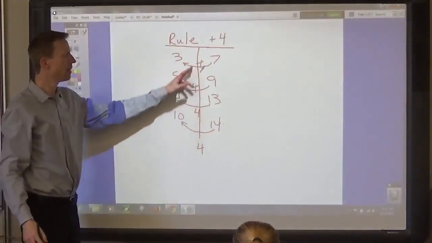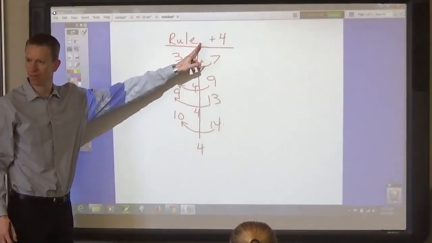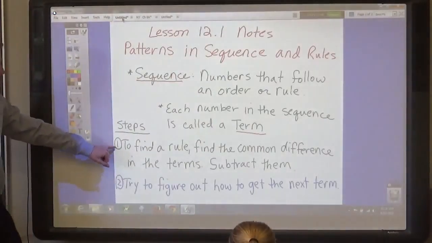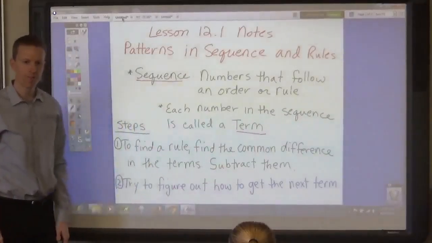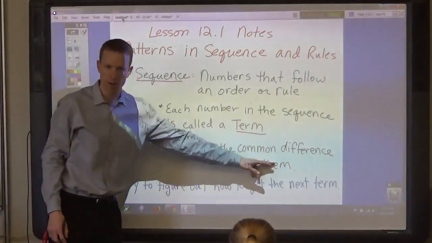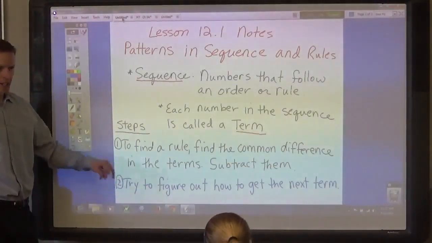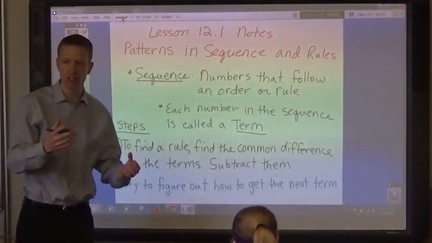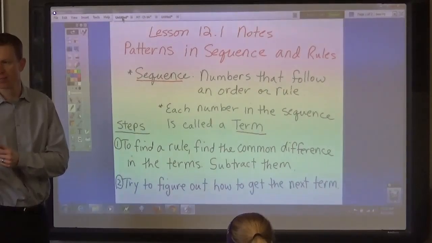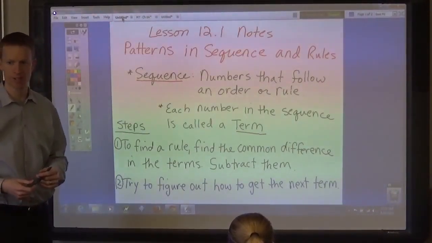See, by finding this common difference, you can find the rule. So that'll be the first thing that you'll do when you're trying to find a rule: find the common difference, or subtract the numbers that are in the pattern. And then, using multiplication, division, addition, subtraction, all of those operations, you'll try to find the next term in the sequence. Okay?